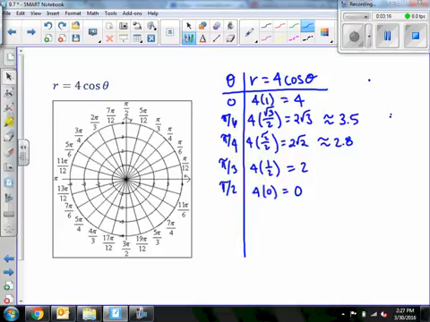So if I were to plot just this first quadrant here, we have 4 at 0, 3.5 at pi 6, 2.8 at pi 4ths, 2 at pi 3rds, and 0 at pi halves.